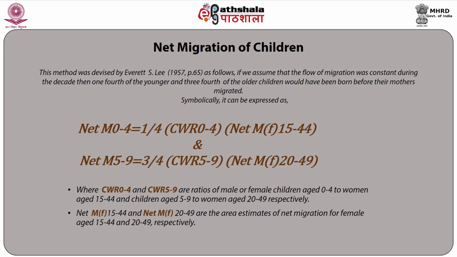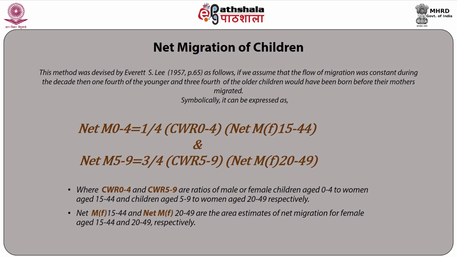Symbolically, it can be expressed as net M 0 to 4 equals 1/4 of CWR 0 to 4 into net M F 15 to 44, and net M 5 to 9 equals 3/4 of CWR 5 to 9 into net M F 20 to 49, where CWR 0 to 4 and CWR 5 to 9 are ratios of male or female children aged 0 to 4 to women aged 15 to 44, and children aged 5 to 9 to women aged 20 to 49 respectively.